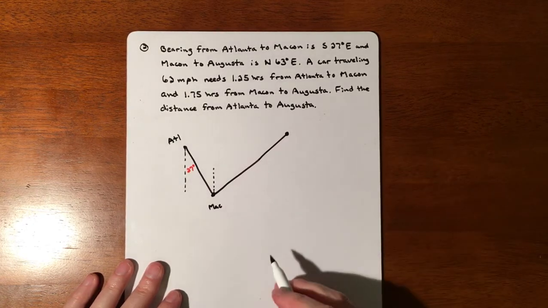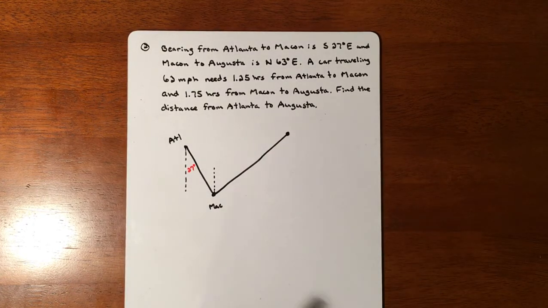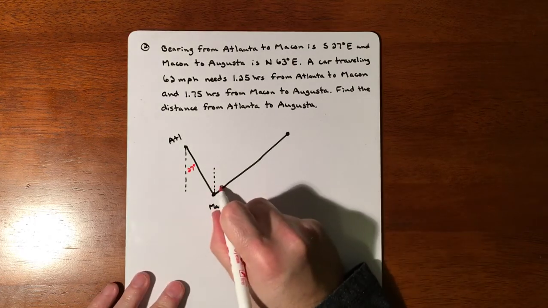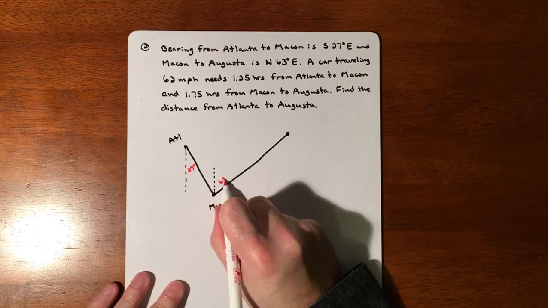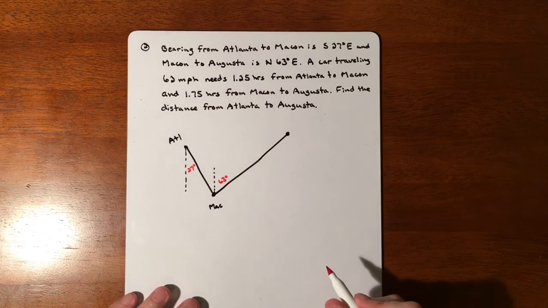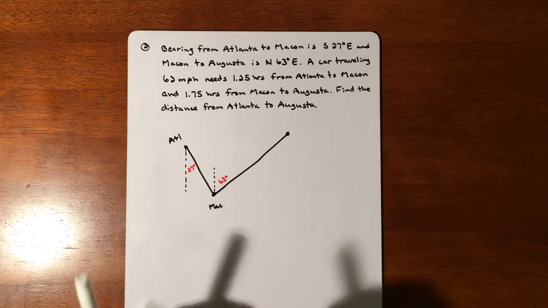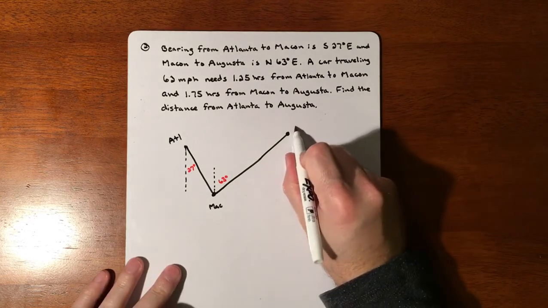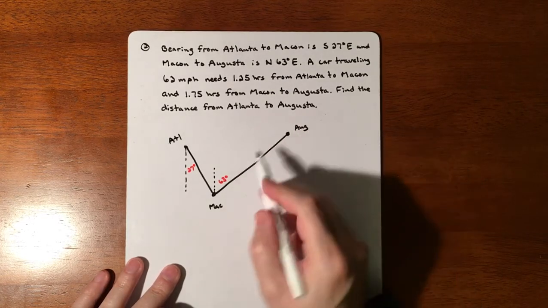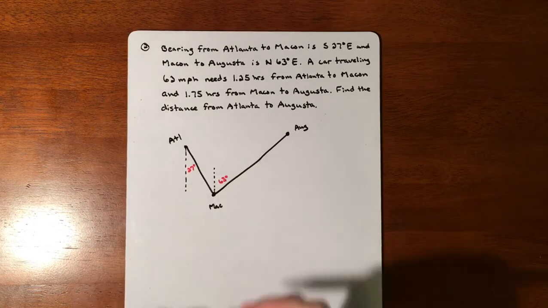So we know that this measurement is 63 degrees. We are trying to eventually find the distance from Atlanta to Augusta, and this is Augusta. So we're looking for that distance.